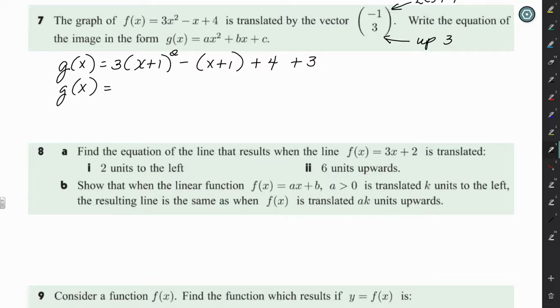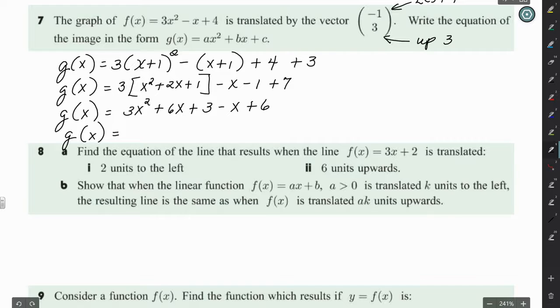So I would say pause the video here and see if you can simplify it and put it in standard form. So our final answer should be 3x squared plus 5x plus 9.